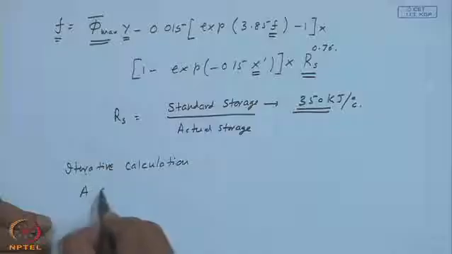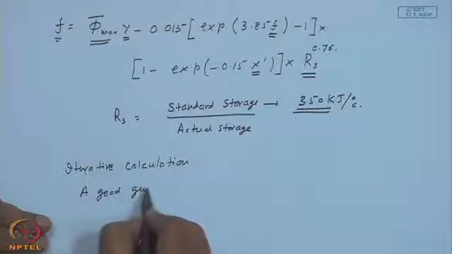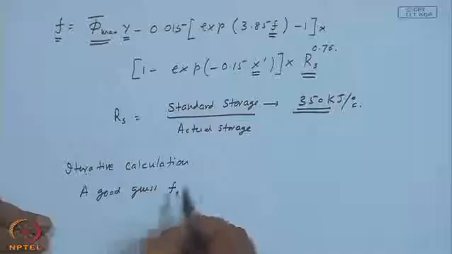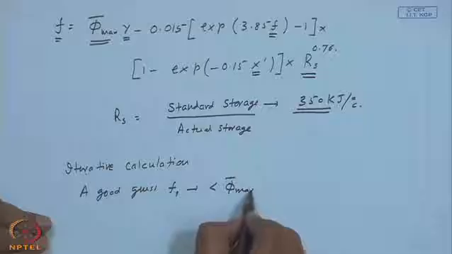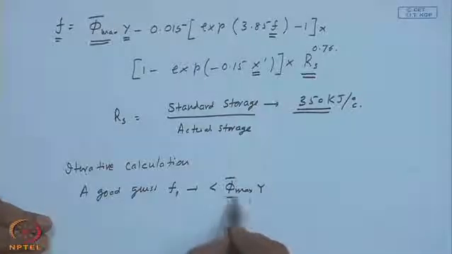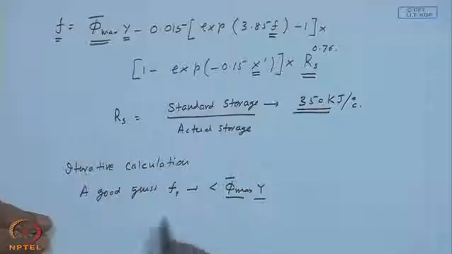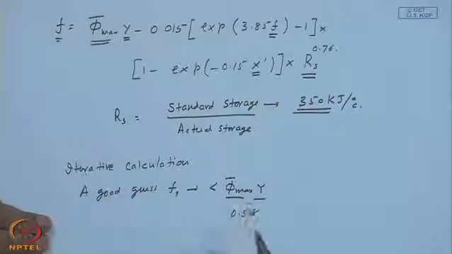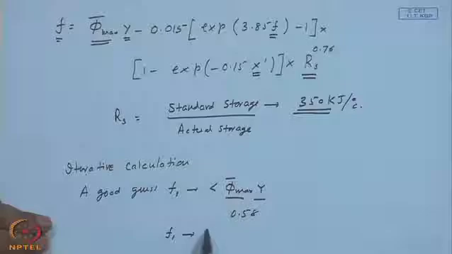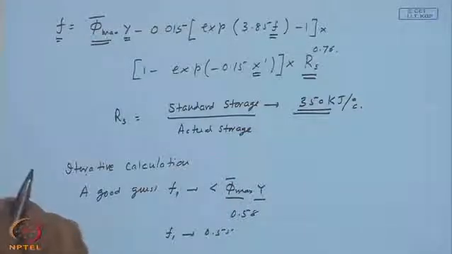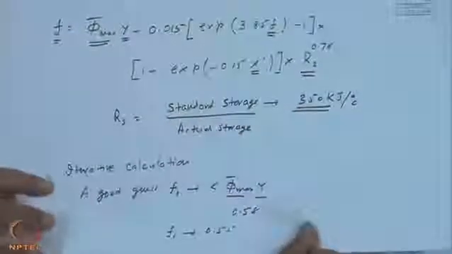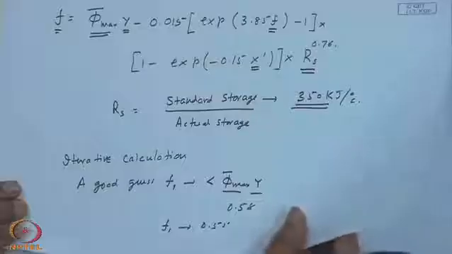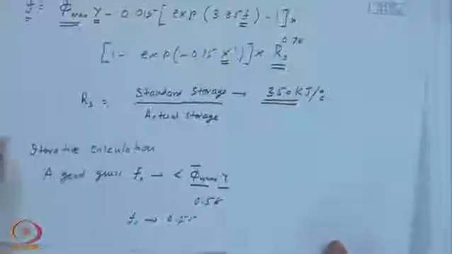A good guess first is slightly less than phibar max Y. This is a calculable quantity. So, you know phibar max, let us say it is 0.58, then I may guess F1 as 0.55. Okay. Then you can set up a Newton-Raphson scheme or whatever, and you can easily interpolate or rather iterate in this relation to find the actual solar load fraction met.